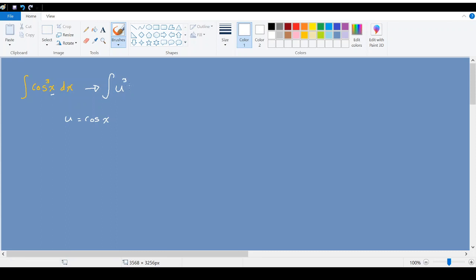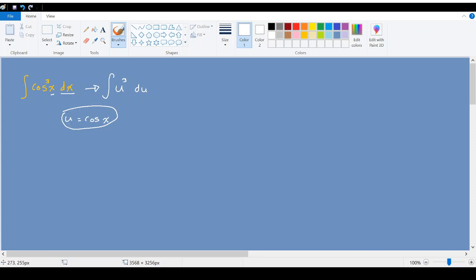So this becomes u cube, and what should we replace instead of dx? We can't just write du here. We should obtain a suitable relationship that is compatible with this equation. That's how the integral substitution works.